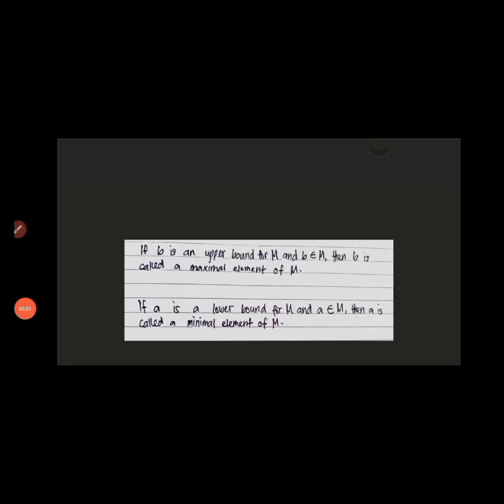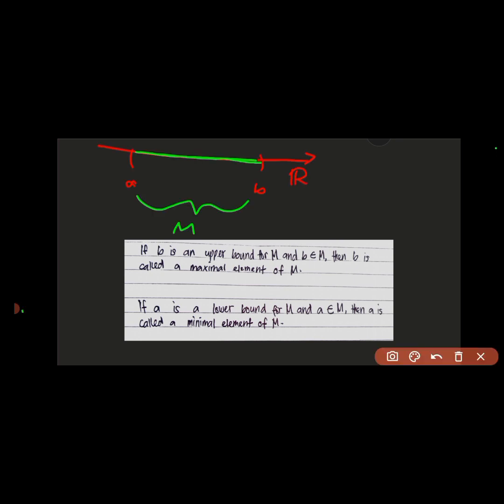Since we were assigned the maximal element and minimal element, I also include them here.